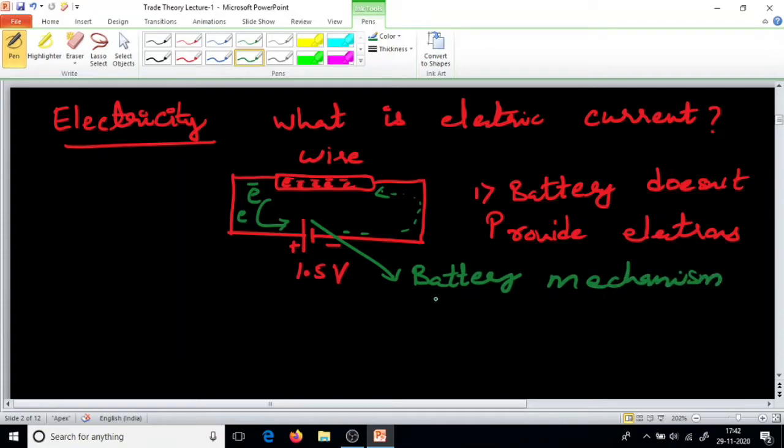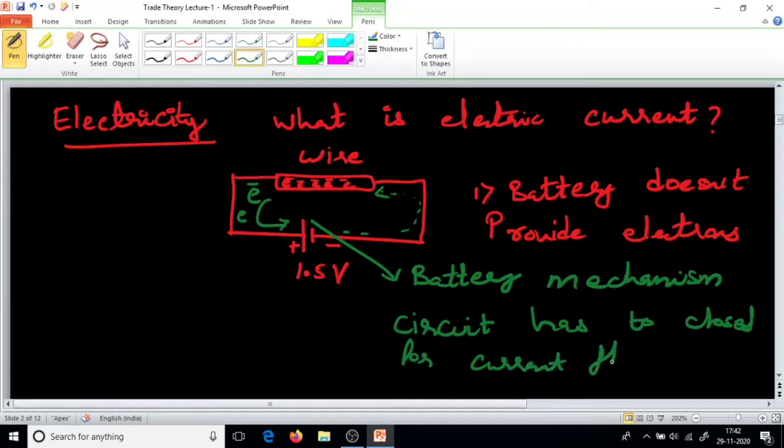Because for the current to flow, the circuit has to be closed. The circuit has to be closed for current flow.